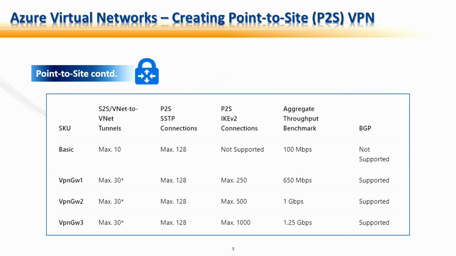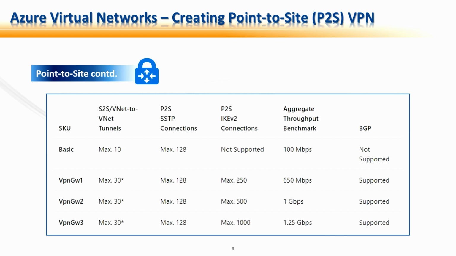For VPN GW1, which is VPN Gateway 1, the site-to-site or VNet to VNet tunnels are a maximum of 30. For point-to-site SSTP connections, we can have a maximum of 128, similar to the basic SKU.